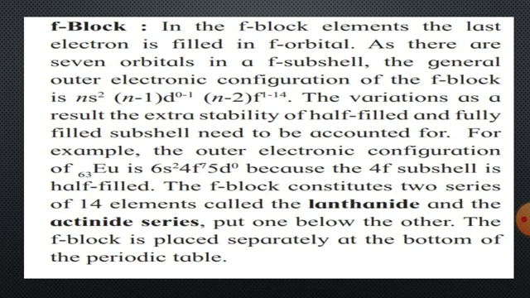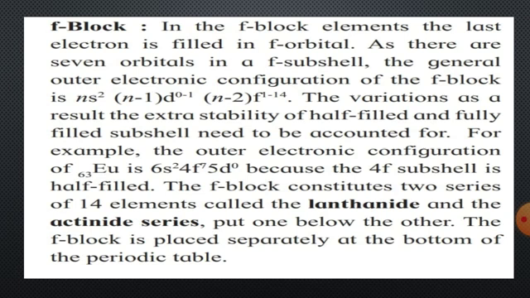So here the f block constitutes 2 series of 14 elements. You see at the bottom of the periodic table, 2 series are there, which are known as the lanthanide and the actinide series. They are nothing but f block elements and each constitutes 14 elements, put one below the other.